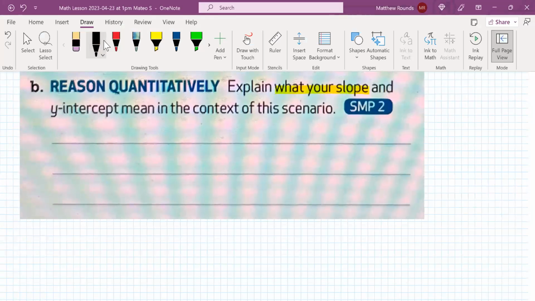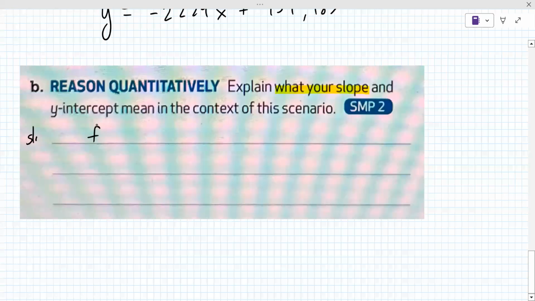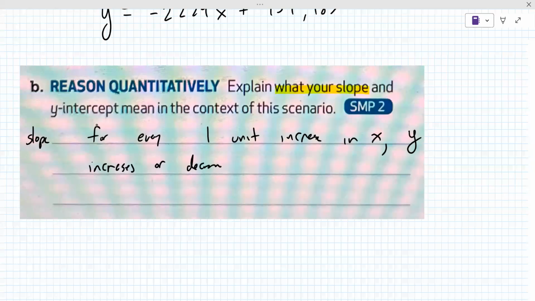These words are always included. For the slope it goes like this: for every 1 unit increase in x, y increases or decreases by the slope units. It's a fill in the blank.